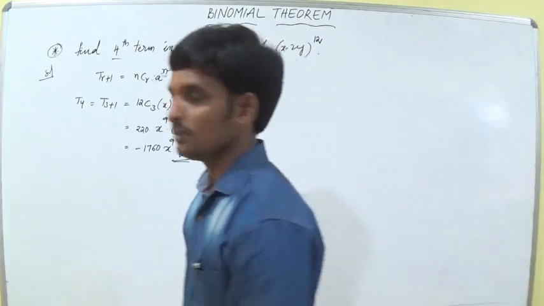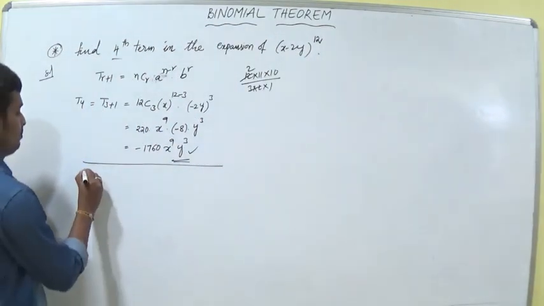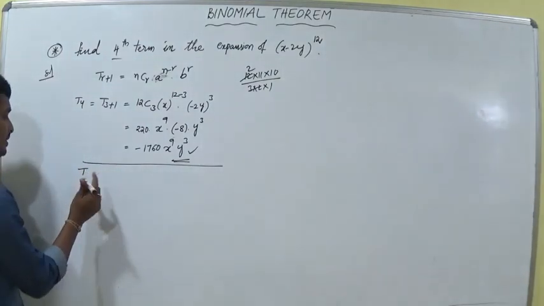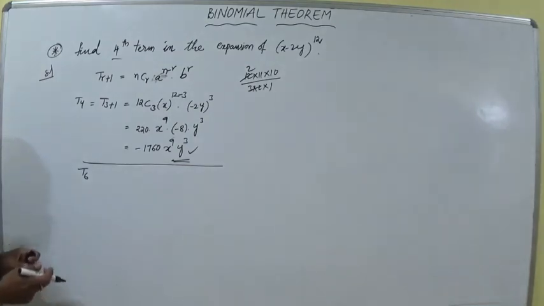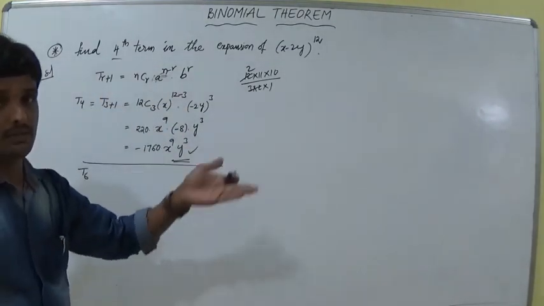The same question, for example, I am just asking you. If you want to find T9 or T6, shall we do this? I am not asking the question, but we have to get more knowledge, that's why I am giving the question.